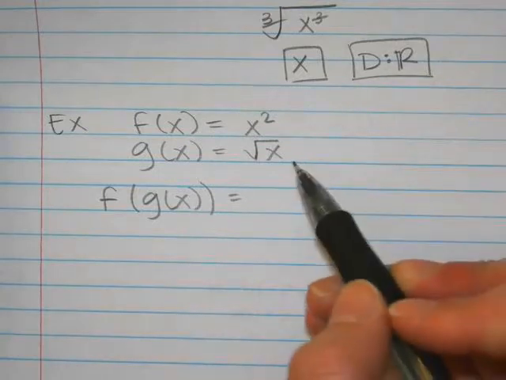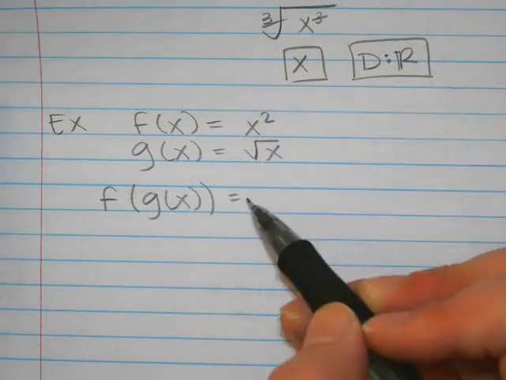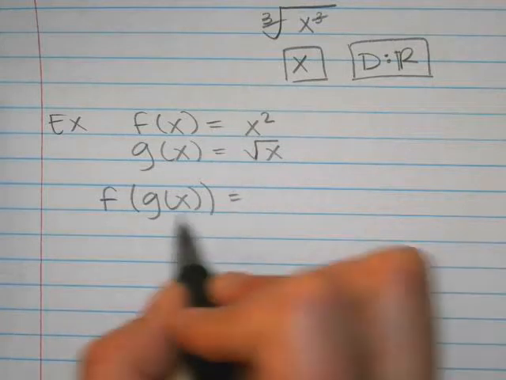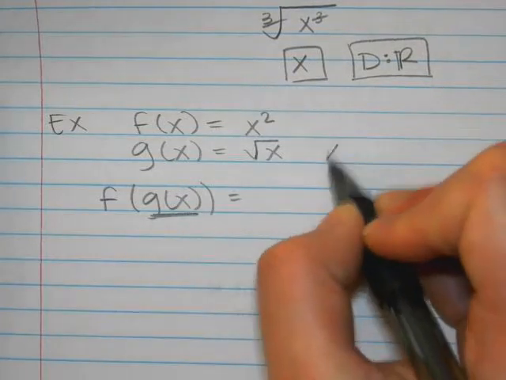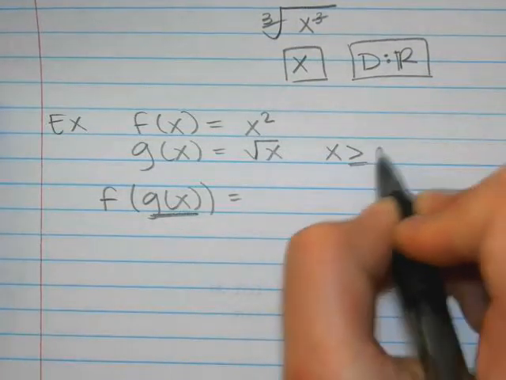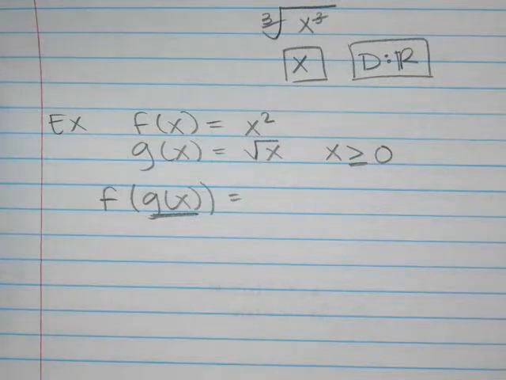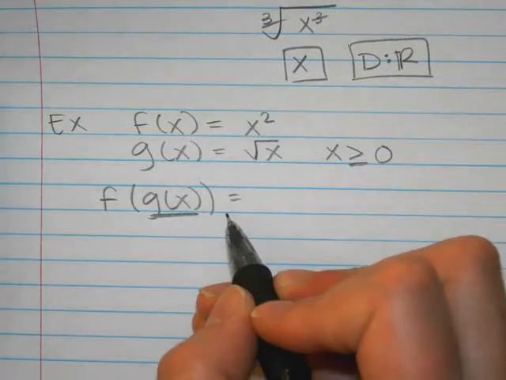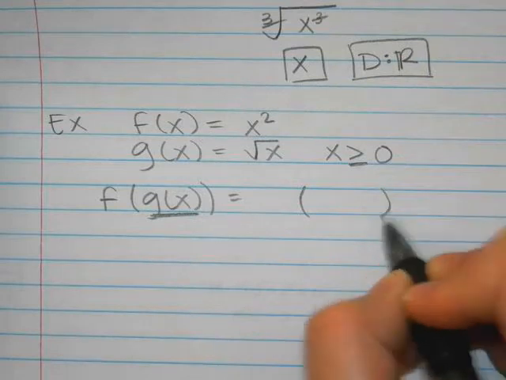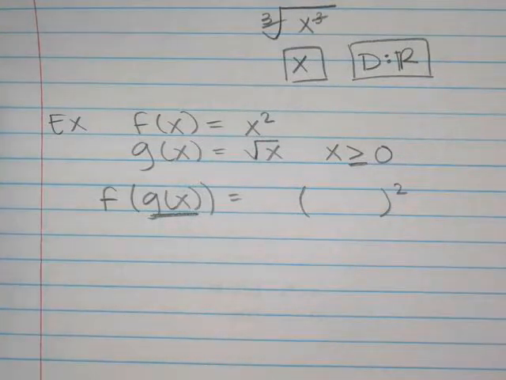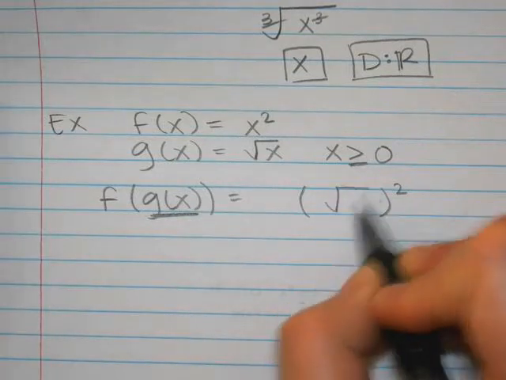So the one that we care about is the one we're plugging into something else, and that's the g of x. So we know the domain there is x is greater than or equal to 0, right? And when we do our composition, we're going to say something squared. That's what we're doing, right? And the one that we're plugging in is the square root of x.